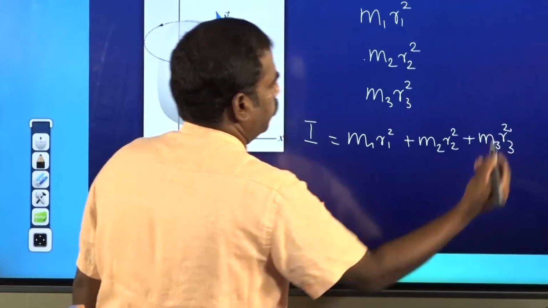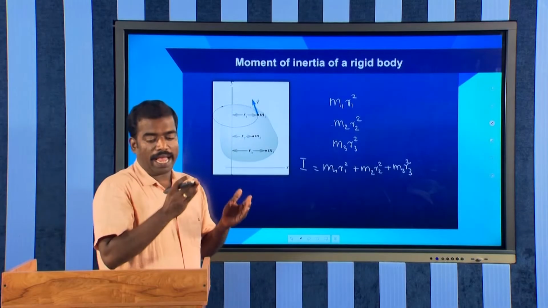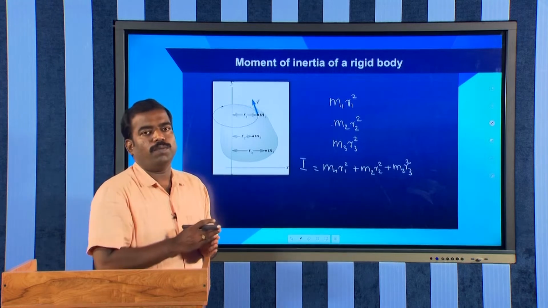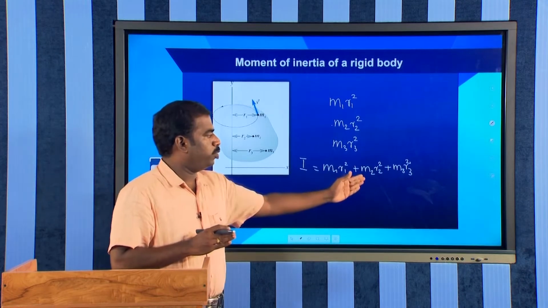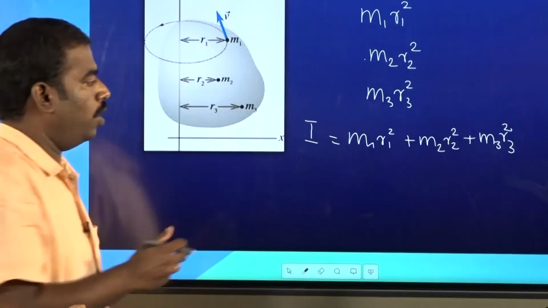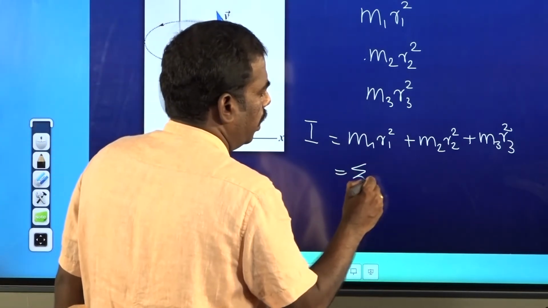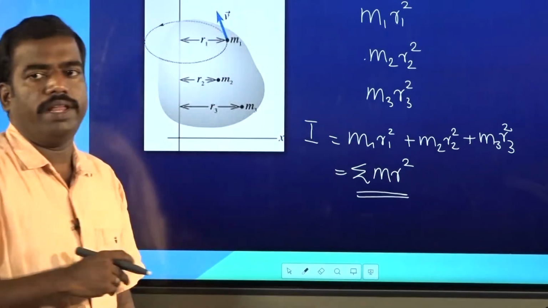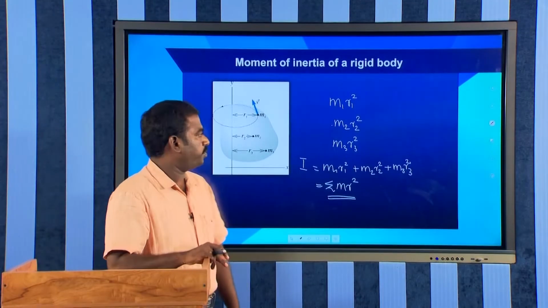So if it consists of n number of particles, it is given by m1 r1 square plus m2 r2 square plus m3 r3 square plus and so on up to mn rn square, or simply sigma m r square. So this is the moment of inertia of the rigid body.